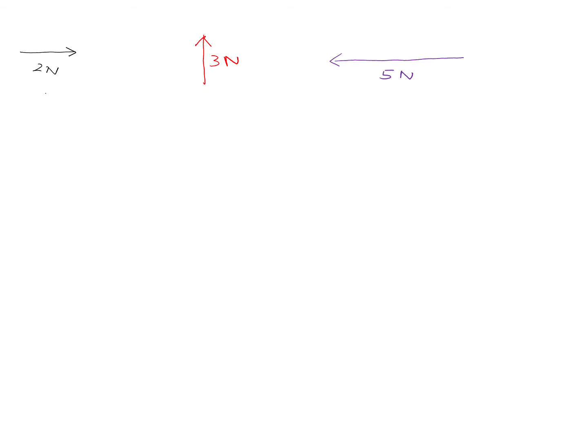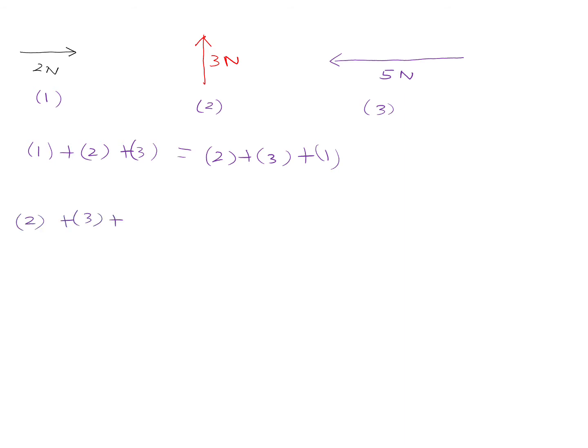So this is vector 1, vector 2, vector 3. You can add 1 plus 2 plus 3 or 2 plus 3 plus 1, any combination. Let's say 2 plus 3 plus 1: vector 2, vector 3, vector 1.